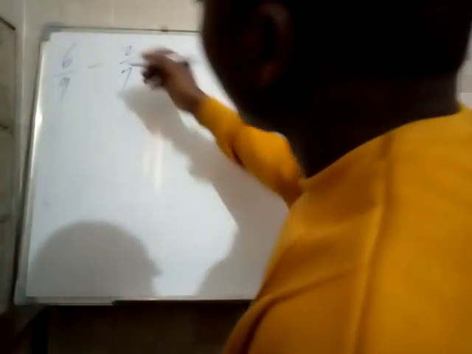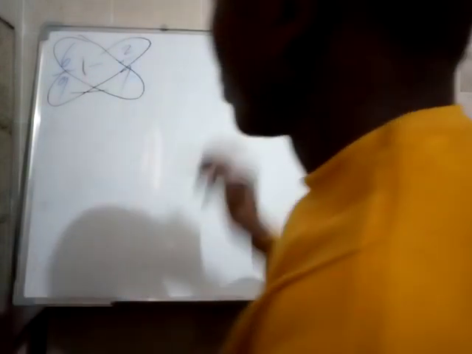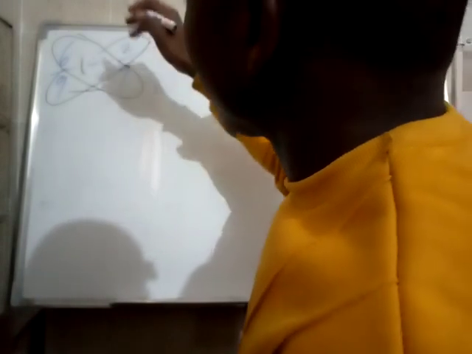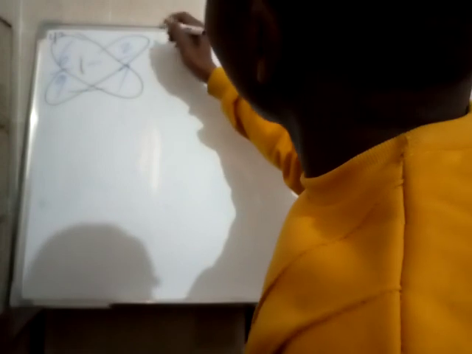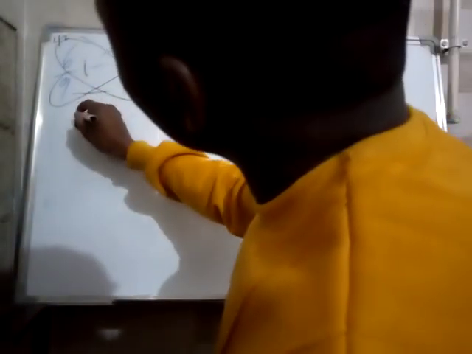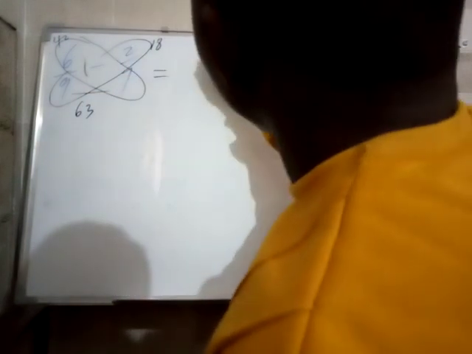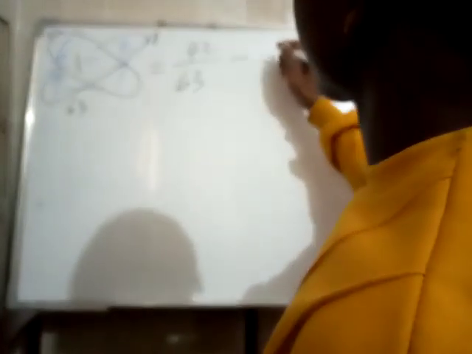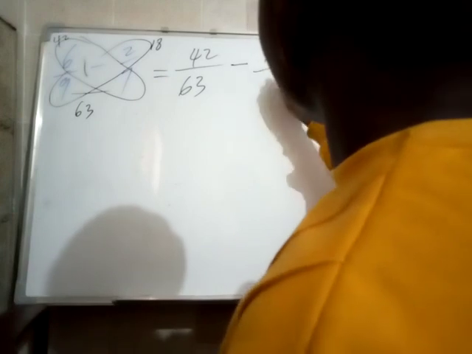The same way, multiply the bottom and then this one like this, make it cross and multiply. 6 times 7, or 7 times 6, equals 42. And then 9 times 2 equals 18, and 9 times 7 equals 63. Then we rewrite our new fractions. We have 42 over 63 minus 18 over 63.